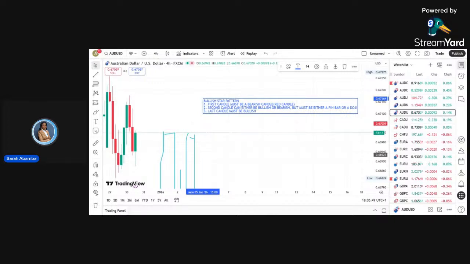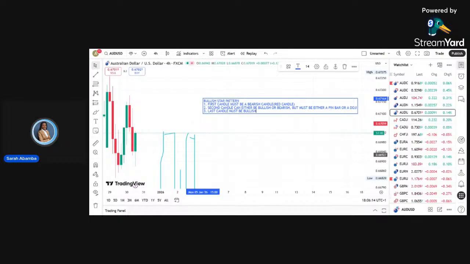So for the bullish star pattern, we know it's a three-candlestick pattern formed together. The first candle must be a bearish candle, that is a red candle. The second candle can either be bullish or bearish, but it should be a pin bar or a doji, while the last candle must be a bullish candle.